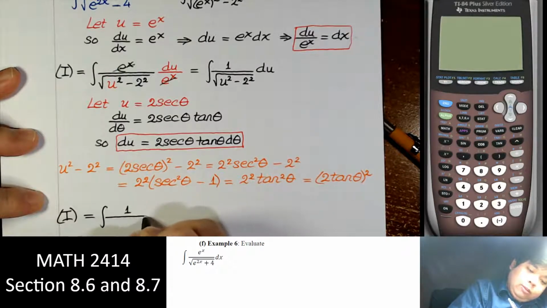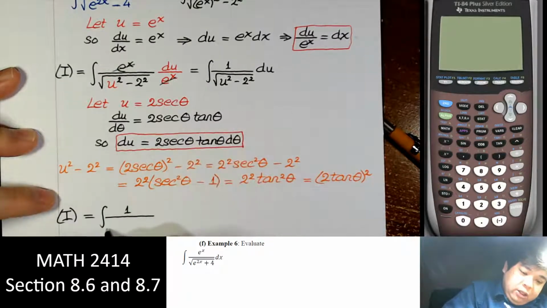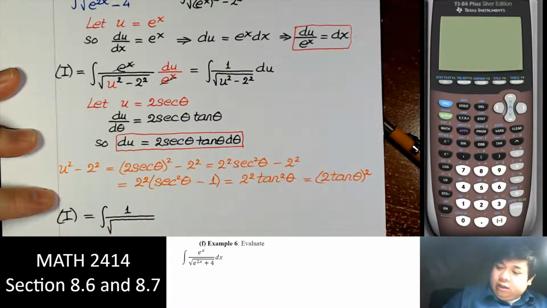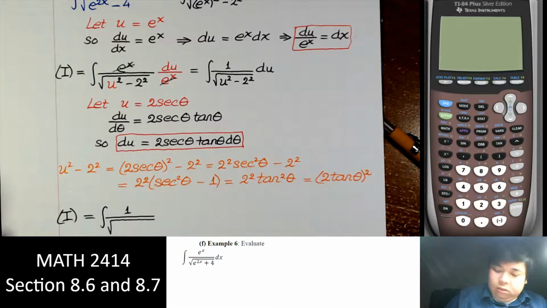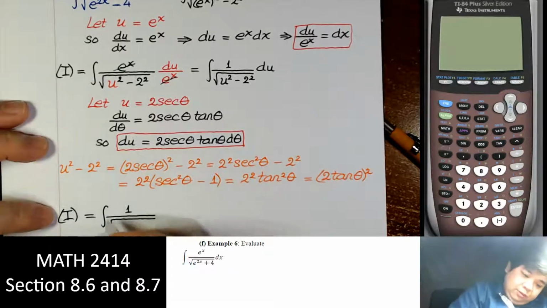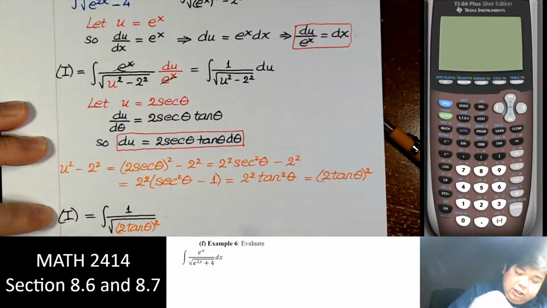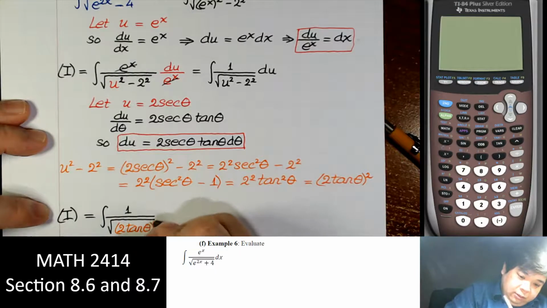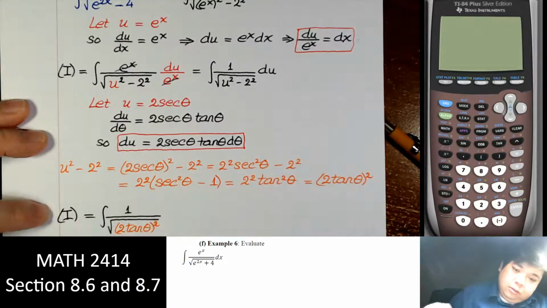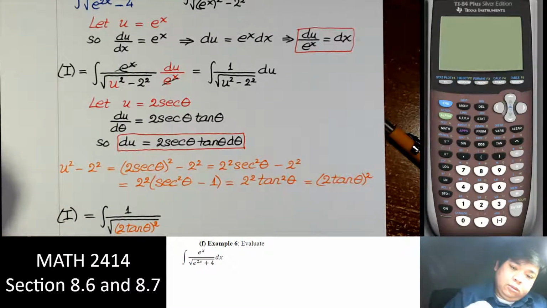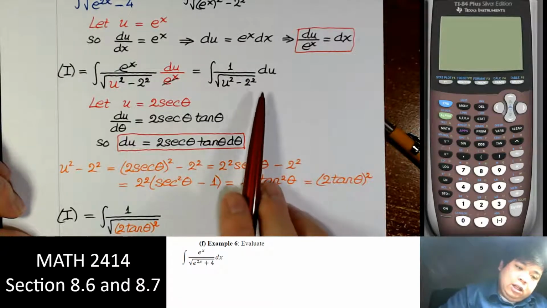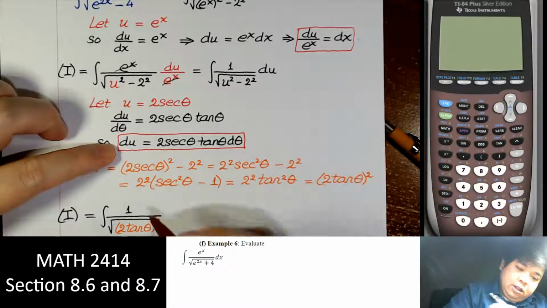1 over square root 2 tangent square, times 2 secant tangent, and the du is this.